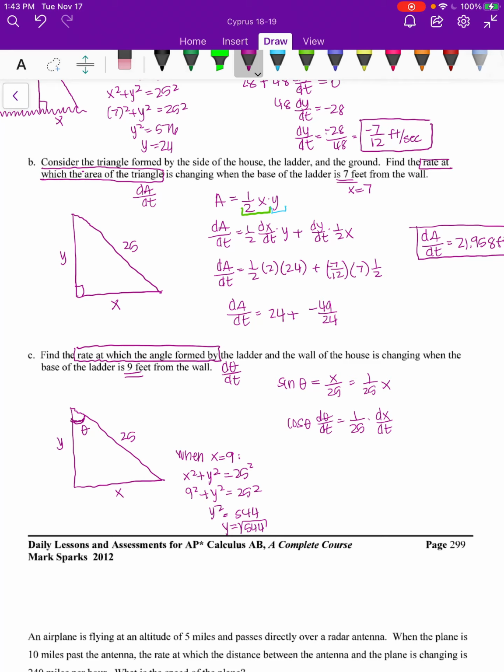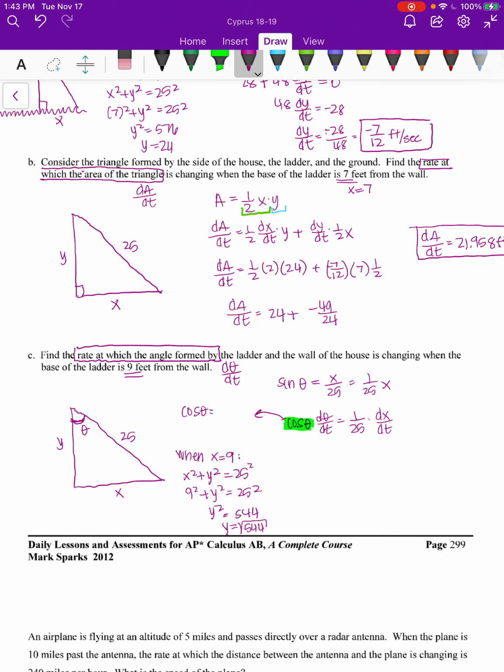Cosine theta, because I don't know what theta is, they didn't tell me what theta is, I need to do what we did with that radius and height in a previous problem. I don't remember which video it was in. I need to figure out cosine of theta as a different kind of relationship.